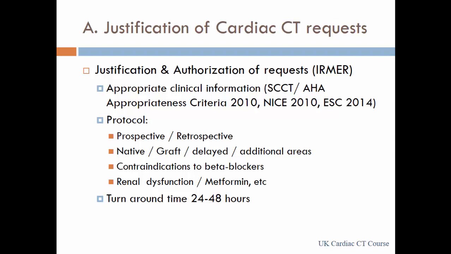And if there are any obvious contraindications on the request, then we highlight that, and we might have to take precautions to mitigate any risks. For example, sometimes I see a request mentioning that the patient has a serious allergy to intravenous contrast, and they're asking for a cardiac angiogram. That's a bit naughty to request a coronary CTA if you know the patient has had a serious reaction to contrast media.